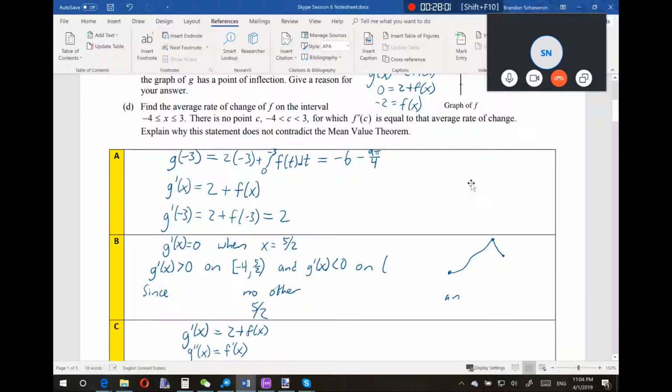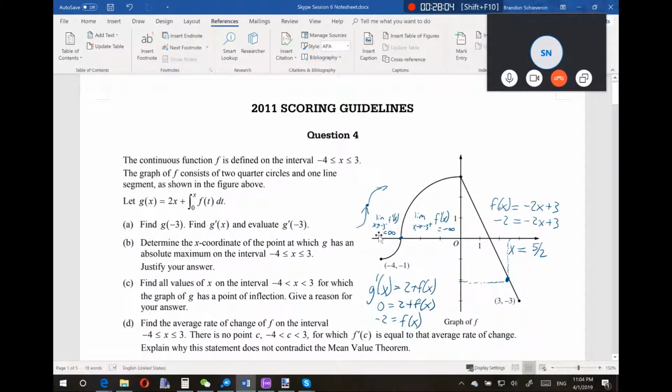Wait a minute. Actually, I'm not sure that's true. As I approach -3 from the right, my slope is still going up.